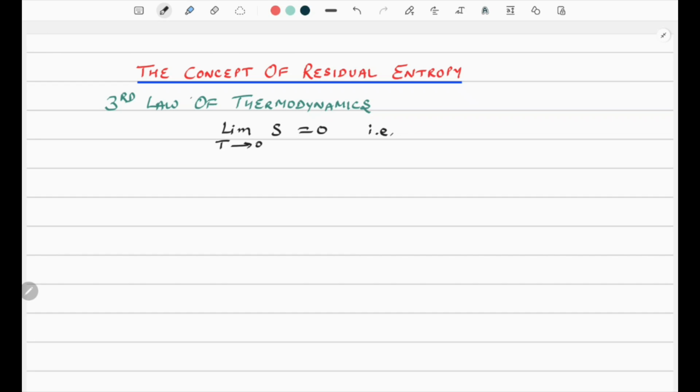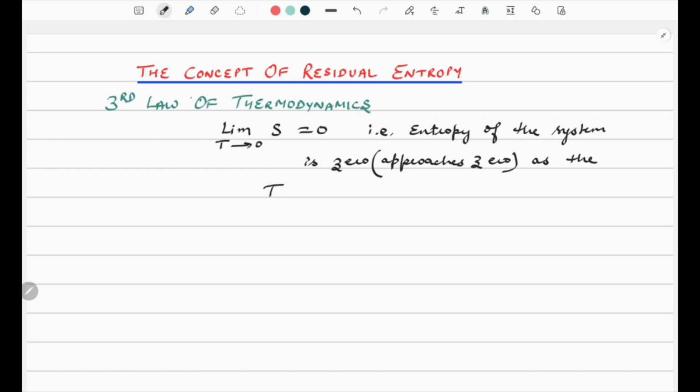That means entropy of the system is 0, or rather correctly approaches 0 as the temperature reaches 0 Kelvin, that is T is equal to minus 273 degree Celsius.